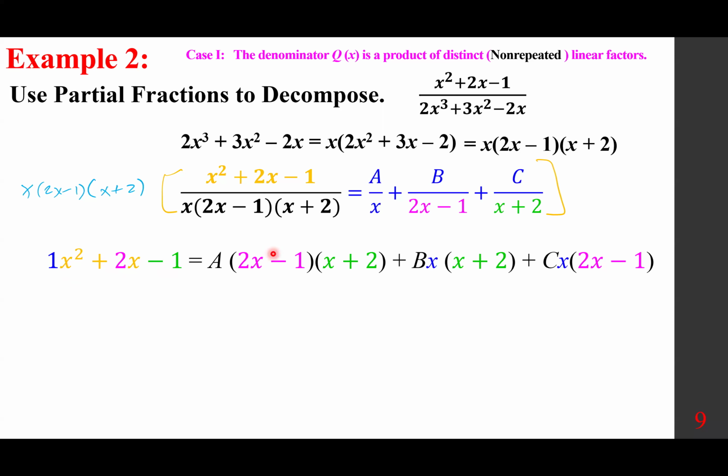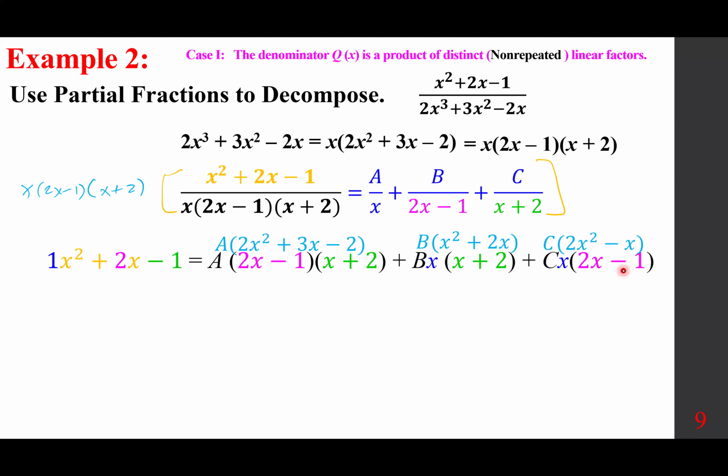How do we do that? First, we multiply these two. This is 2x squared minus x, and 4x is plus 3x minus 2. This one is x squared plus 2x. And this one is 2x squared minus x.